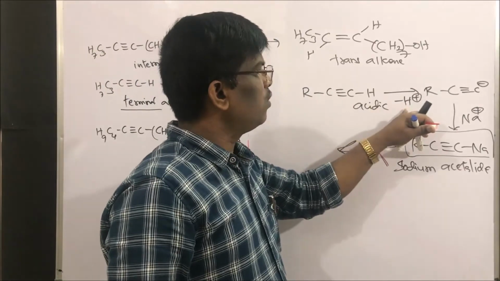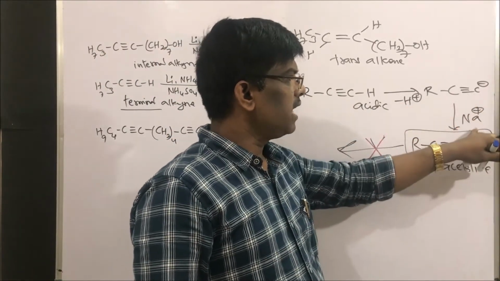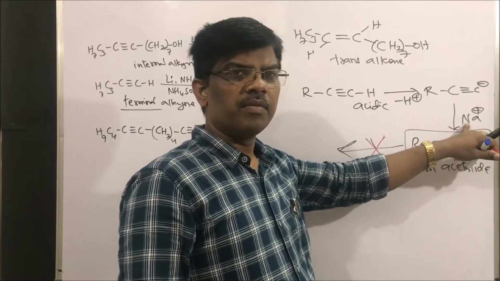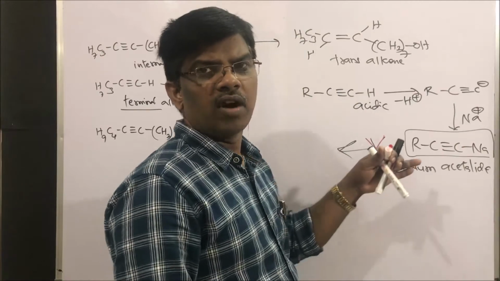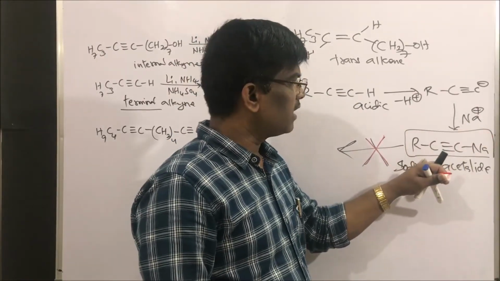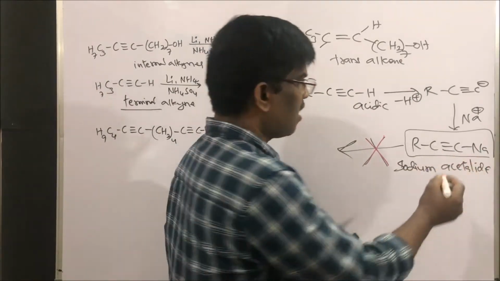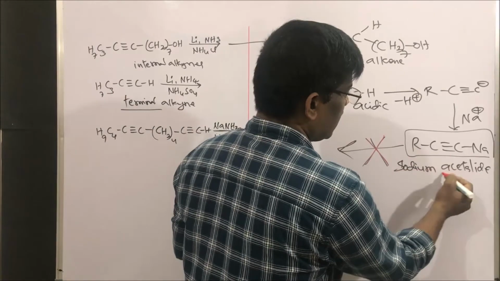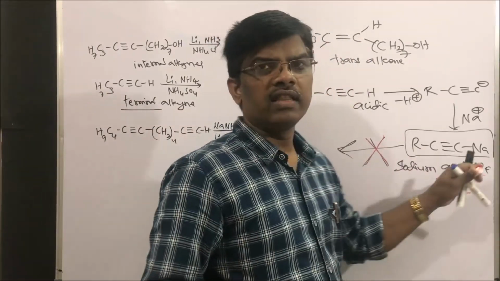Alkynes are acidic. It readily loses H plus ions to give carbanion. This carbanion forms a salt in the presence of sodium or lithium, whatever metal we use. So it is a salt, and salts will not undergo further reaction.